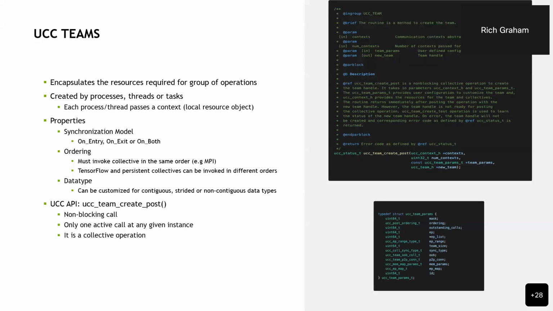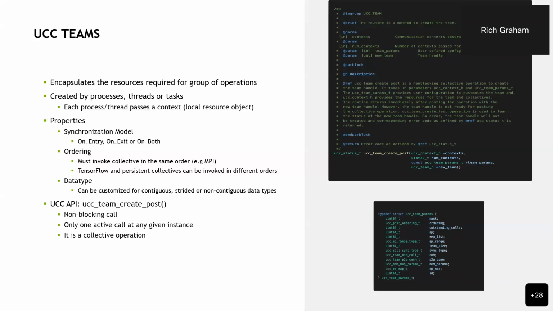You can also specify in the properties what sort of data types will use this team. So if you want to, you can customize collective operations for contiguous operations so that you don't have to add the extra support you would have for a general purpose data type engine.